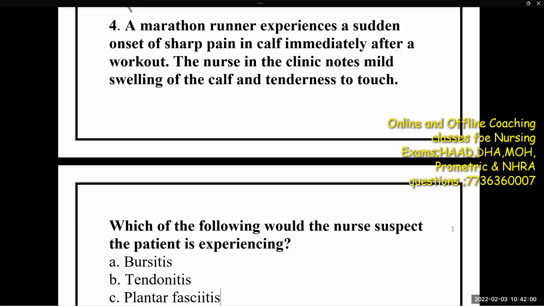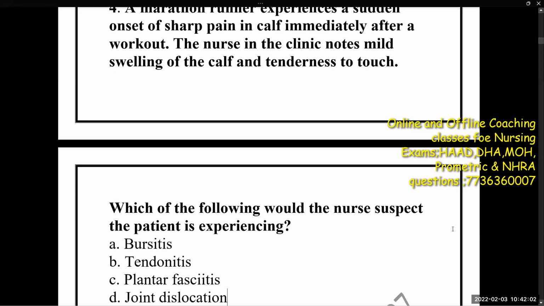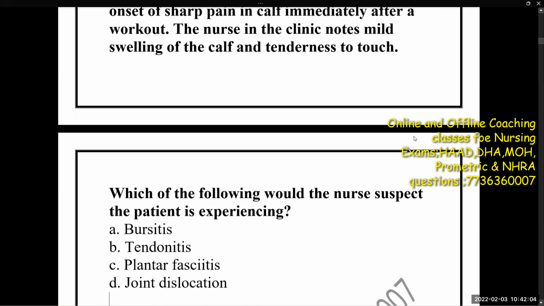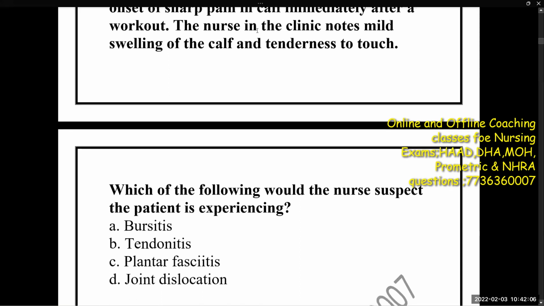Bursitis, tendonitis, plantar fasciitis, joint dislocation. So this is indicating plantar fasciitis. So the answer is plantar fasciitis.